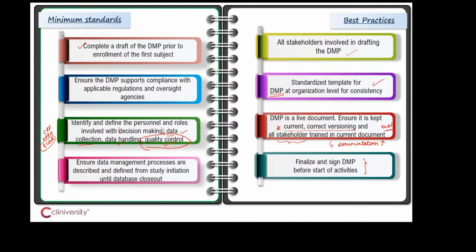Finally, very important, DMP has to be signed by all the stakeholders. So all stakeholders who were involved in the creation of this document will be required to sign it. Signature could be a wet signature or it could be an e-signature. E-signature is because nowadays DMP is usually stored in the electronic trial master file of the study.